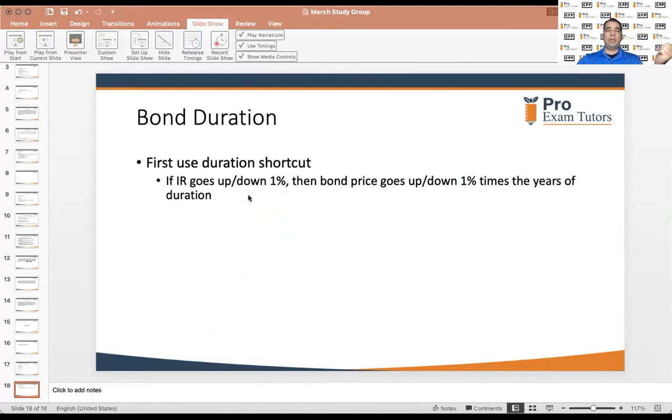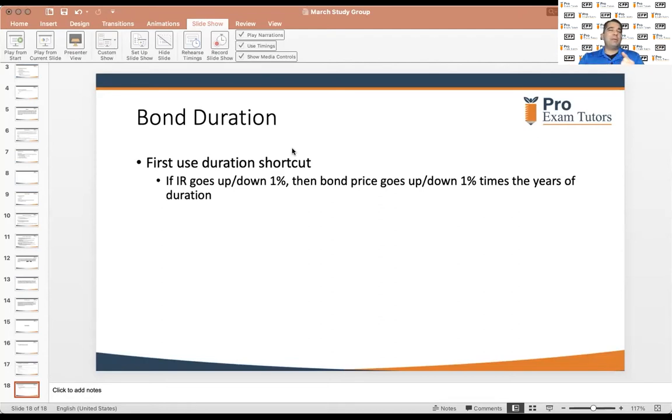If you're not familiar with the shortcut, when they ask you a bond duration question about how much the bond price is going to go up or down, you're going to have four answers to choose from. You might be able to eliminate two of those answers right away if they give you two positive and two negative answers, or two where the bond price goes up or goes down.